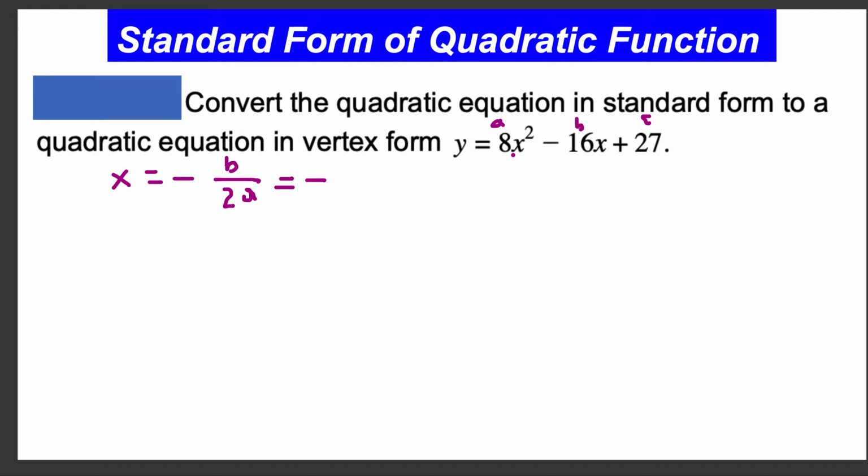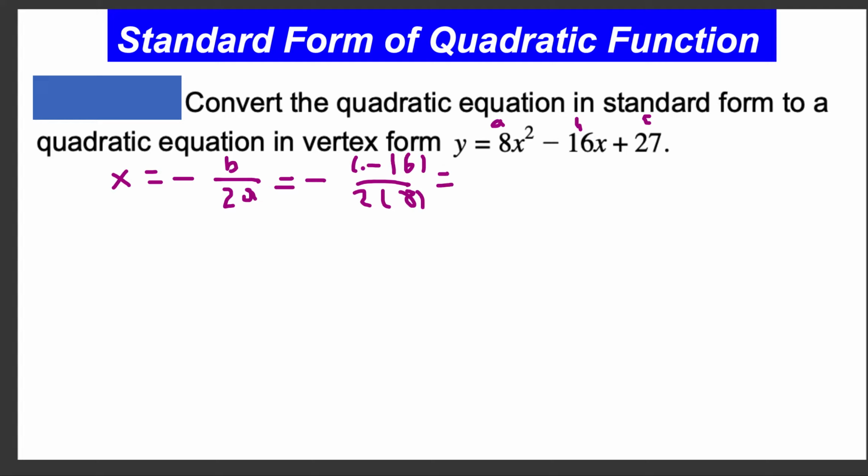So the coefficient in front of x squared is a, and this coefficient in front of the x is b. So in the formula we have minus, and instead of b we plug in minus 16, and down below we have 2 times a, but a is 8, and now we are going to see what we get.